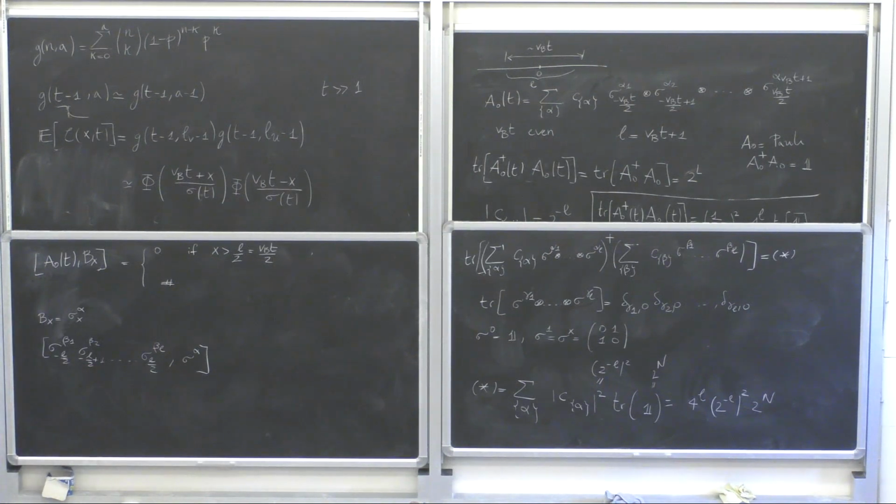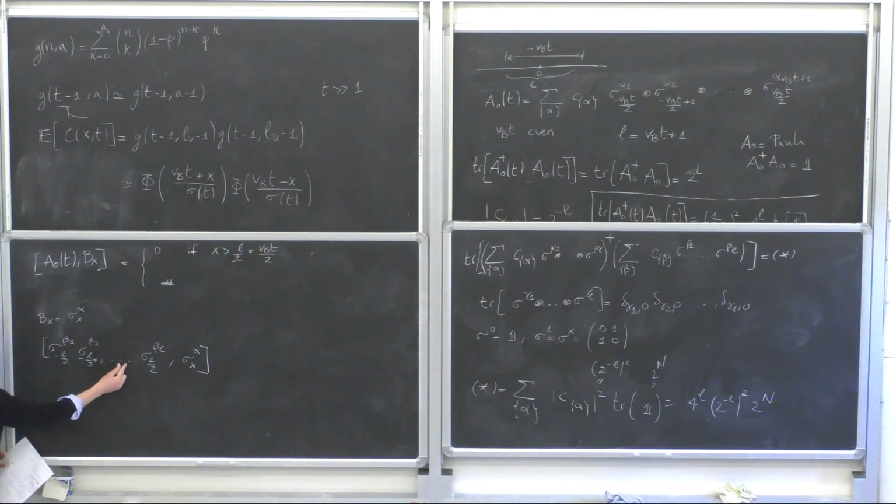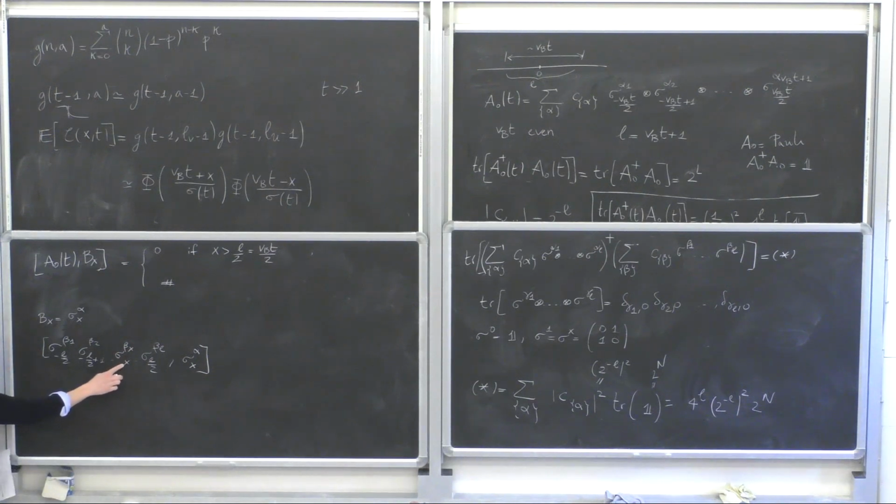And you see that this either commutes or anti-commutes with the string, and the only thing which you have to care about is the Pauli which is at position x in the string. And so there are 4 possibilities for the Pauli matrices at position x. It's either identity or sigma alpha, in which case it commutes, or it's one of the other 2 options, in which case it anti-commutes.